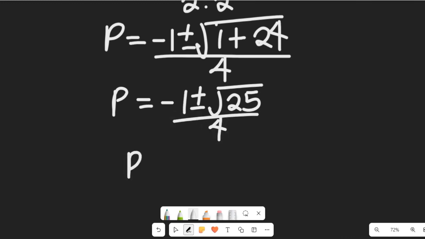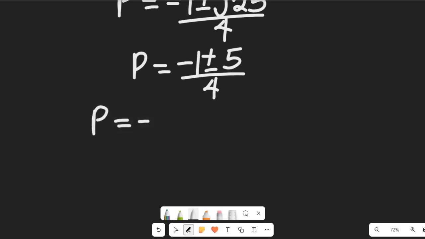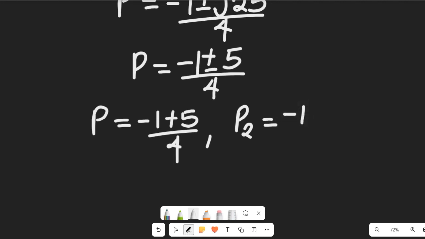Then our p will be equal to negative 1 plus or minus 5, divided by 4. To expand this, we are going to have two solutions for p. P1 will be equal to negative 1 plus 5 divided by 4, and P2 will be equal to negative 1 minus 5 divided by 4.